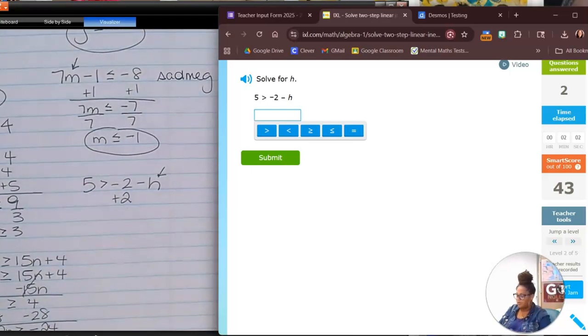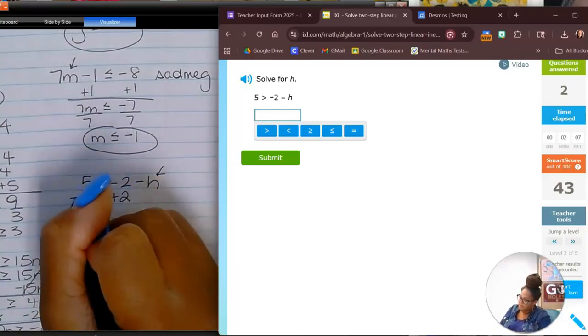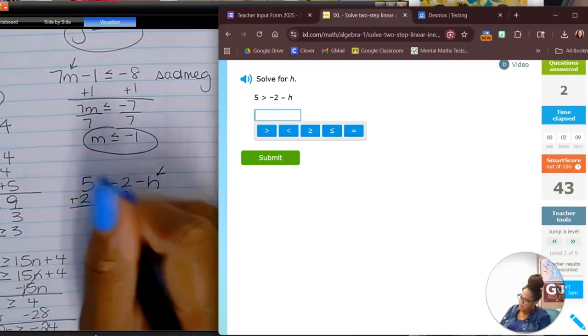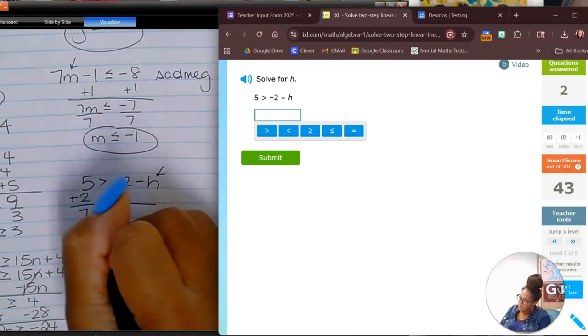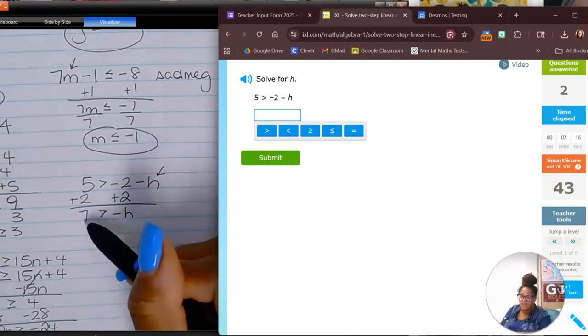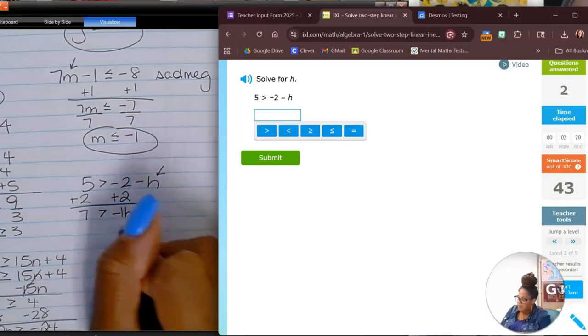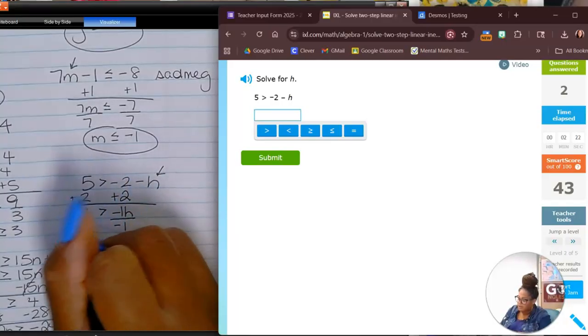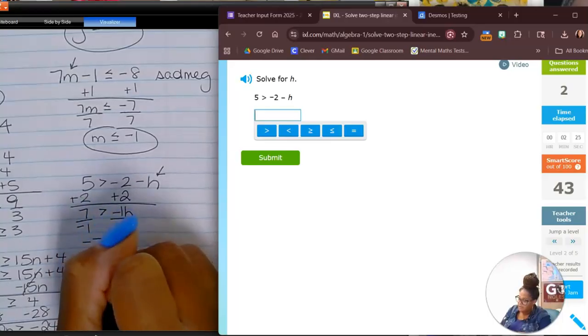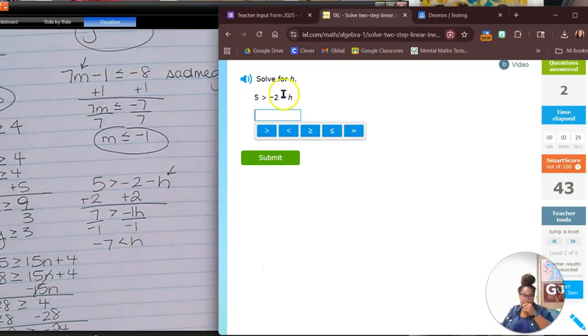So reverse SADMEG means I add or subtract first. 5 plus 2 is 7, is greater than negative h. So here, when I change this sign, this sign also has to flip because technically there's a negative 1 here. So divide by negative 1, divide by negative 1, negative 7 is less than h. Negative 7 is less than h.